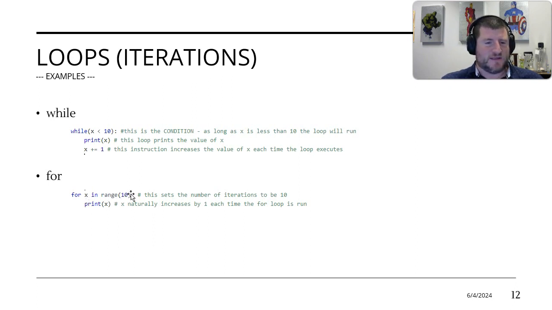Now what that means, this is looking at the range of 10. Range 10 means I'm looking at all of the numbers in range from 0 all the way up to 10, with the exception of 10, right? It's not counting the top number. It's starting at 0. So 0, 1, 2, 3, 4, 5, 6, 7, 8, 9.